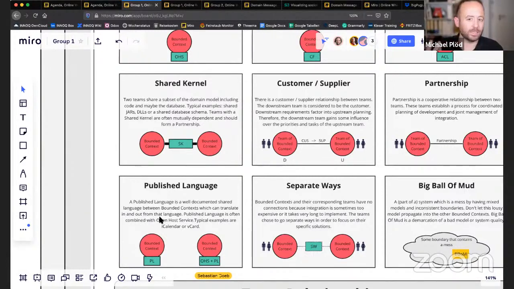But because iCalendar is a standard, so to say, does every calendar application have an influence on this standard? No. And this is a very interesting thing with regards to the open host service. Would I, for instance, consider the model of the Google Maps API, which is without a doubt an open host service, to be a published language?